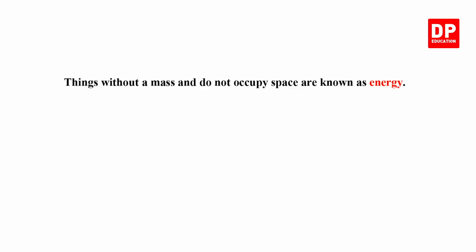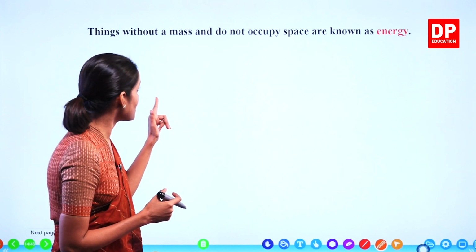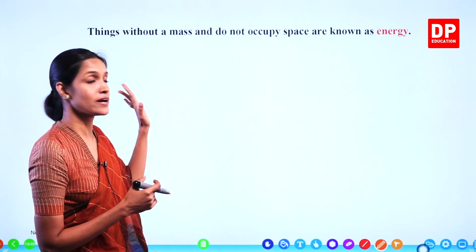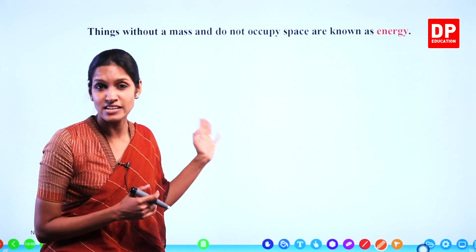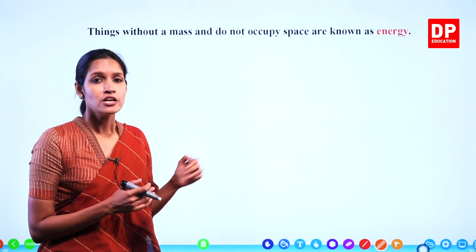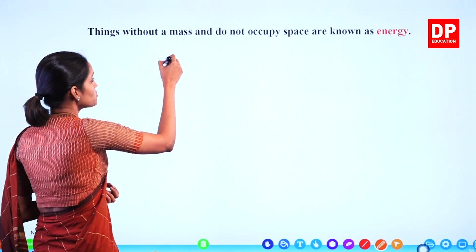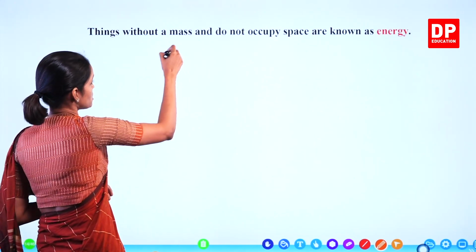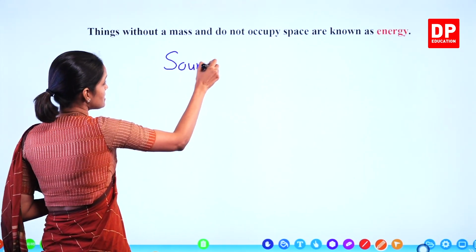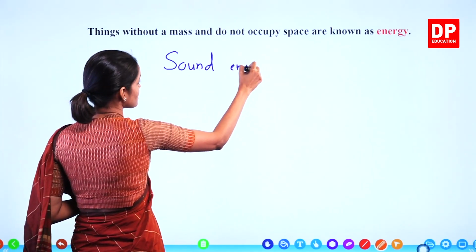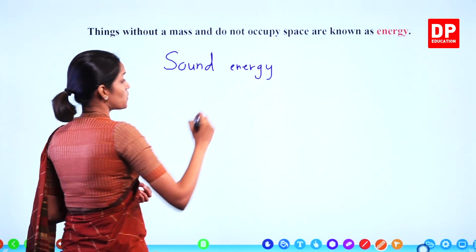So the next one, things without a mass and do not occupy space are known as energy or non-matter. So what are the energies that we learn, children? We learn about sound. We can write it as sound energy, right? Sound energy. What else?